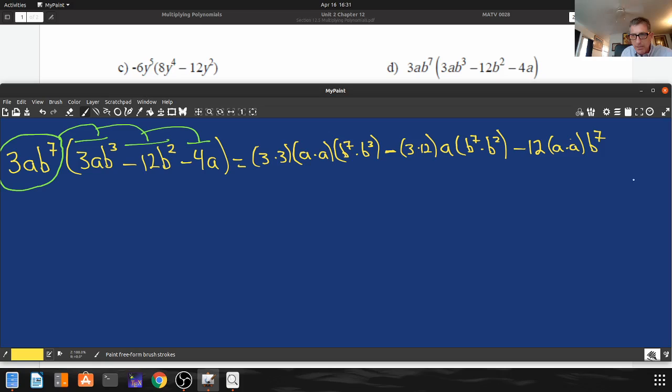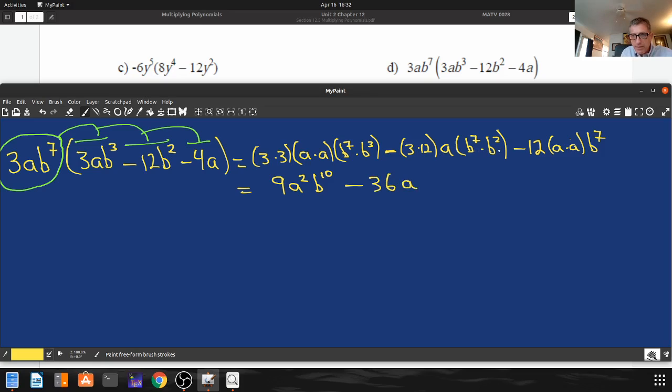So now let's simplify all of this. 3 times 3 is 9. A times a is a squared. B to the 7th times b cubed is b to the 7 plus 3, which is 10. 3 times 12 is 36. I just have a single a term.